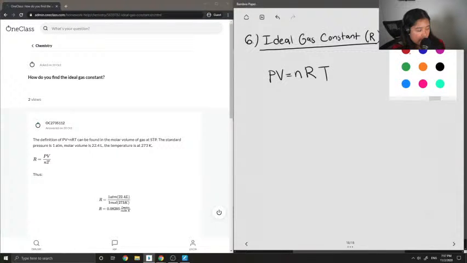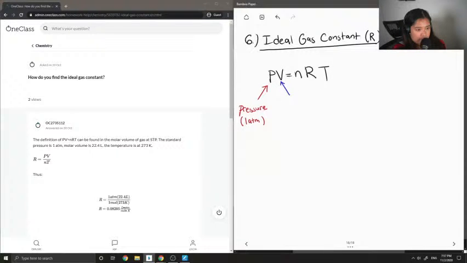So we're looking for R. P stands for pressure, so ideally pressure is 1 atm. V is volume, so I'm going to use 22.4 liters, which is defined as the molar volume.